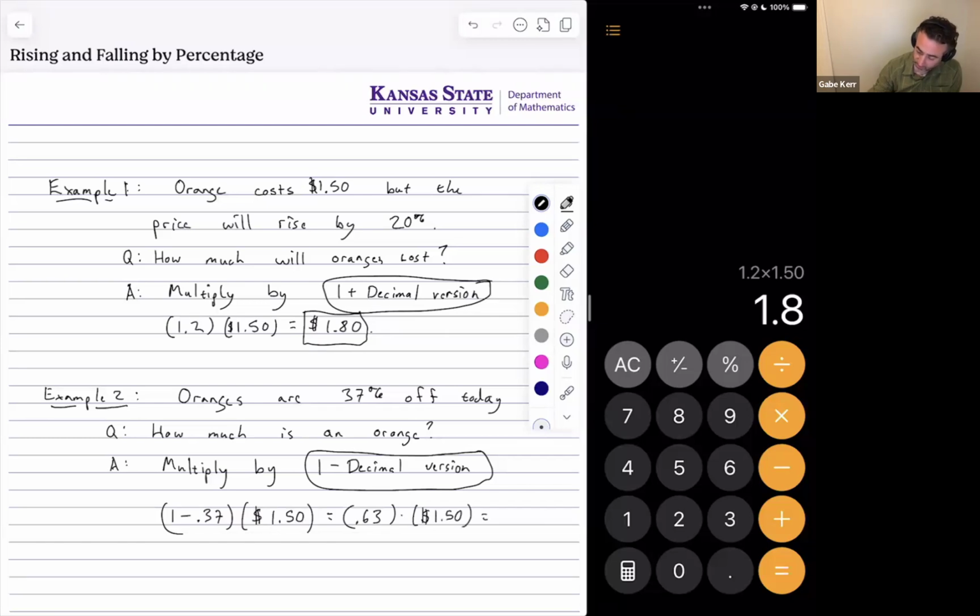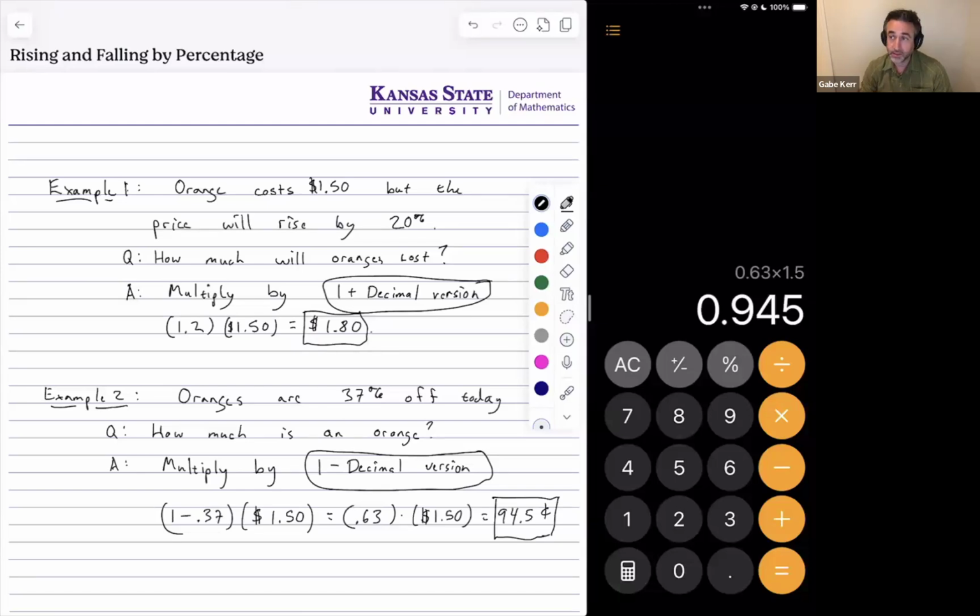And this will give us, well, let's go ahead and calculate 0.63 times 1.5. It gives us 94.5 cents. I don't know if people see that symbol very much anymore. But yeah, so this is our price of an orange.